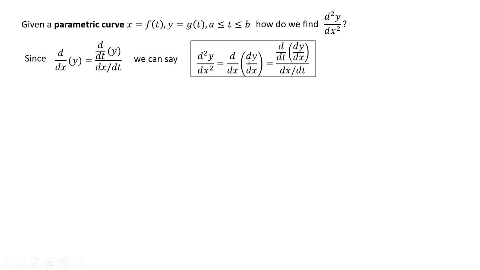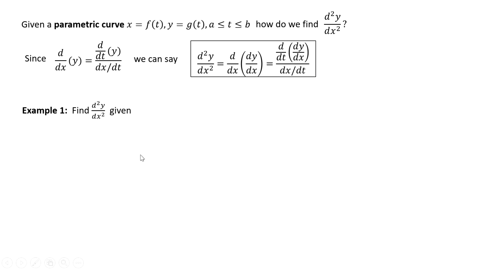So what has changed? That "of" part is different now. Earlier, the quantity was y, but now the quantity is dy/dx. So in our formula, if you make that simple change, d/dt of the quantity dy/dx over dx/dt, we are done. Right? Notice how we are making use of this form to figure out the second derivative. Cool?